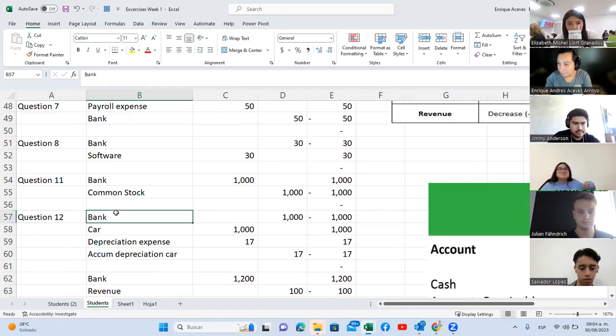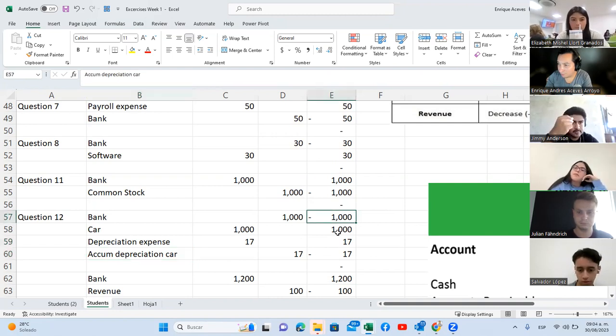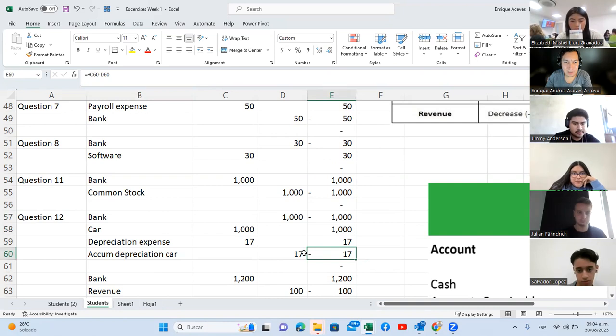Perfect, guys. So we have bank, car, depreciation expense, accumulated depreciation, car. That's it. Why 17, guys? How did we get to 17?